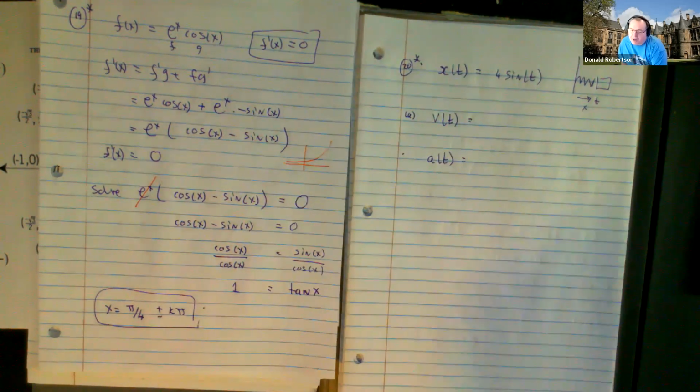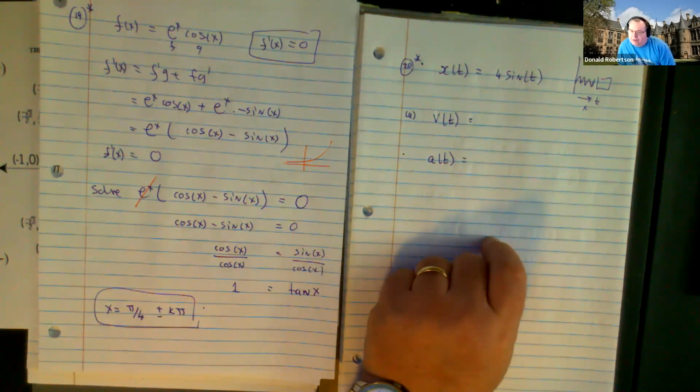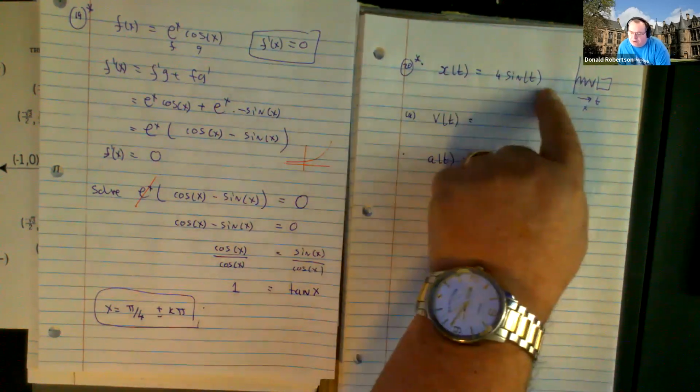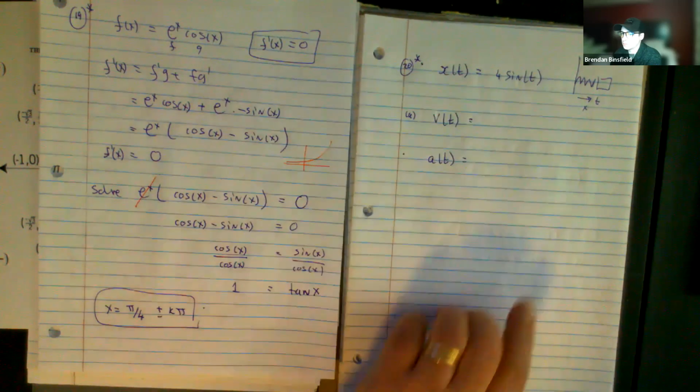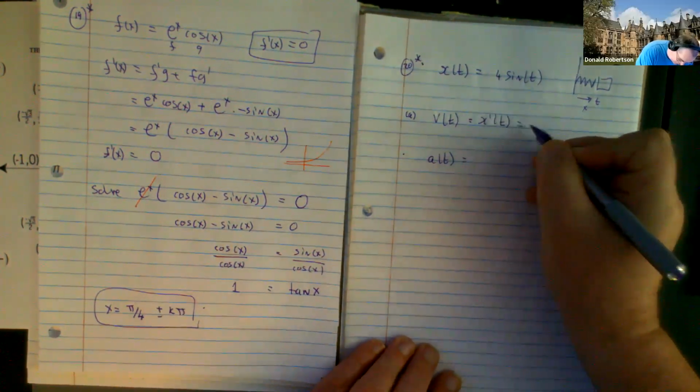Don't need to know the answer, but how do you find velocity when you know position? What do you do to this guy? You find the derivative. And velocity is the first derivative.